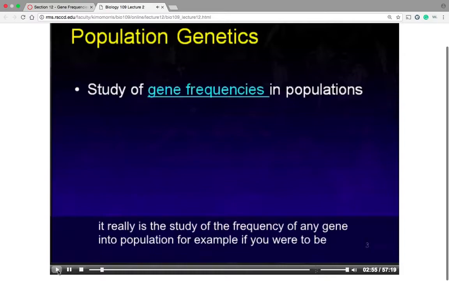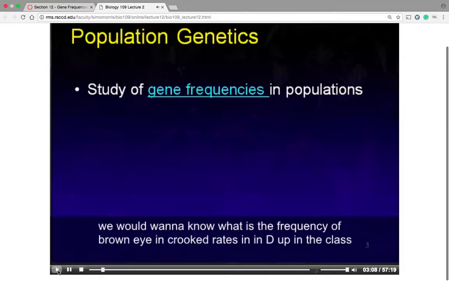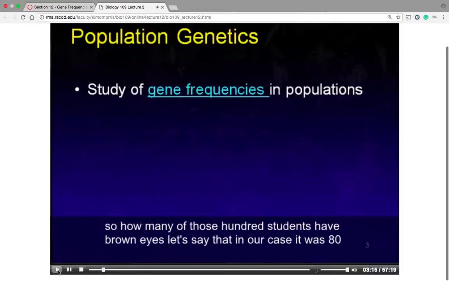It really is the study of the frequency of any gene in a population. For example, if you were sitting in a classroom right now, let's say we had 100 students, we would want to know the frequency of brown eye traits in the class. So how many of those 100 students have brown eyes?